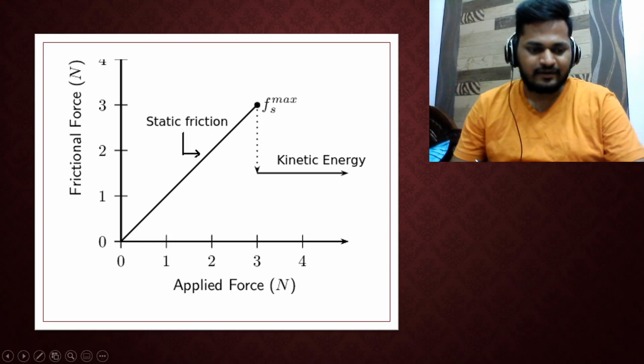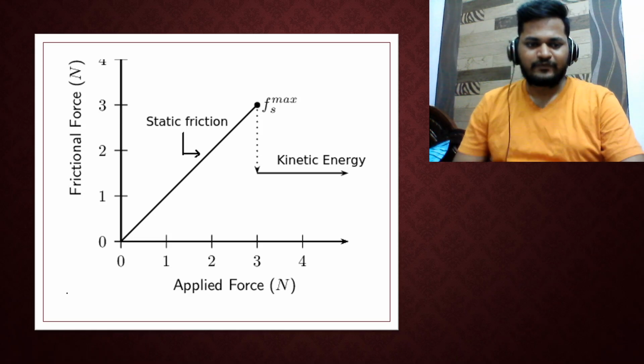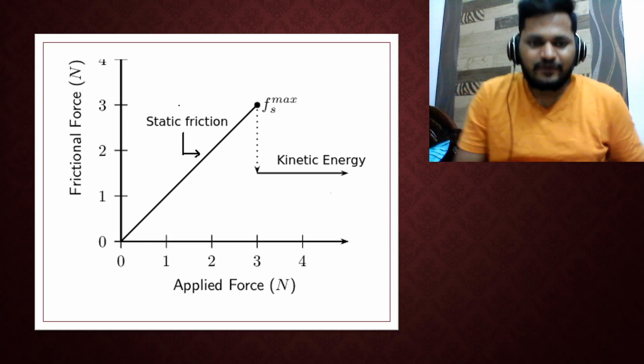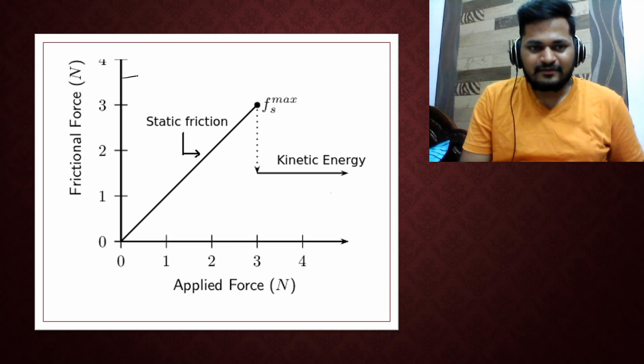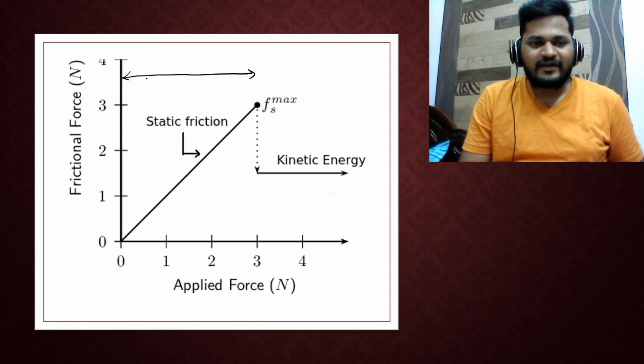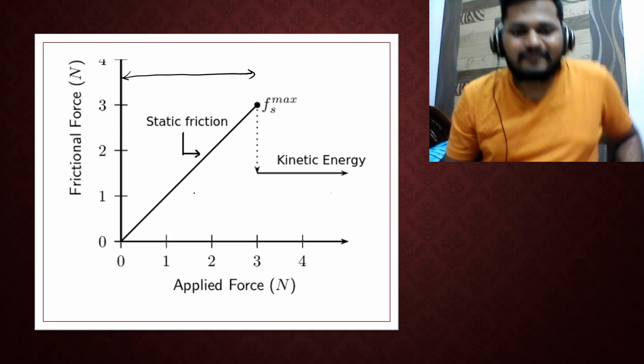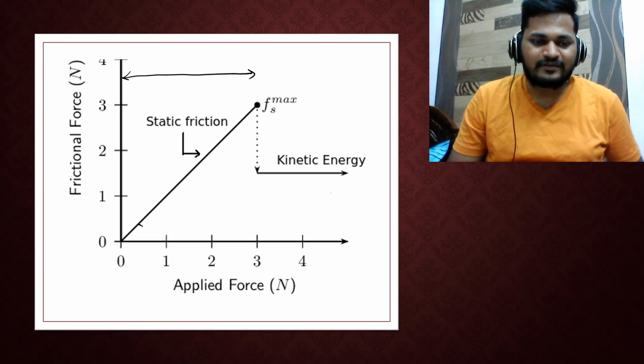Next one. So you can see this graph of frictional force and applied force. Let me just quickly change the color. Right, so you can see this particular region where the graph is a straight line passing through the origin at a 45-degree angle.